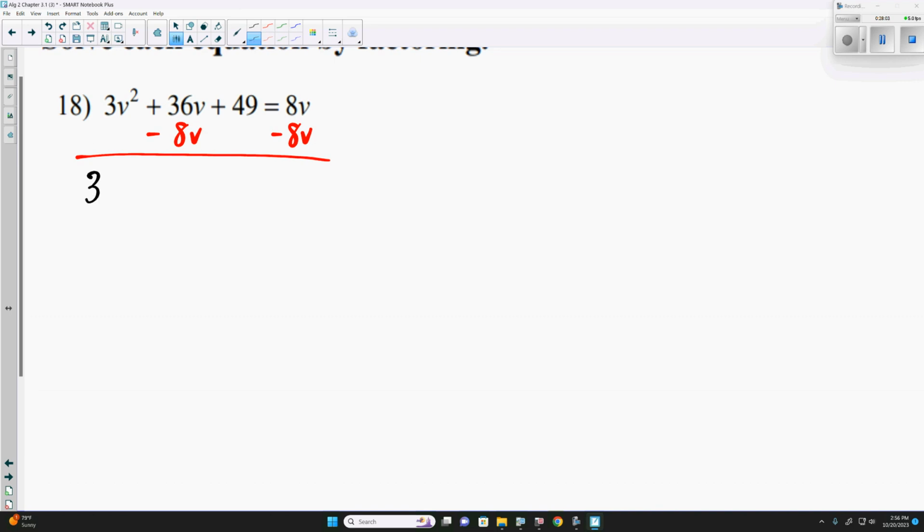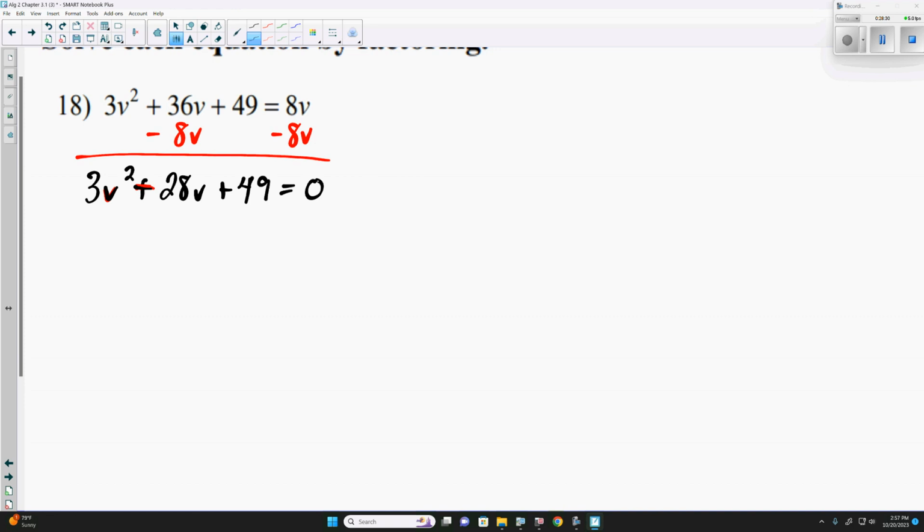So that tells us that we have 3v squared plus 28v plus 49, because the 8v and 36v are like terms, so we do have to combine them.